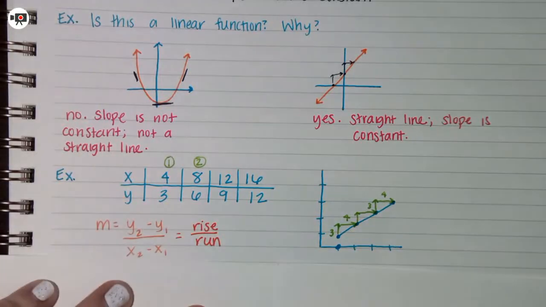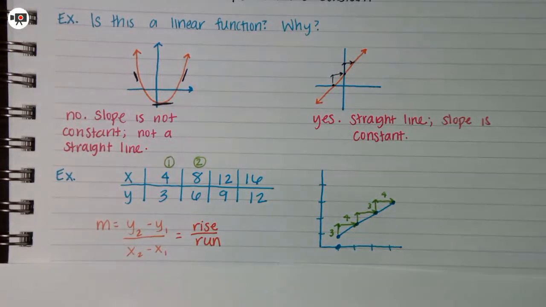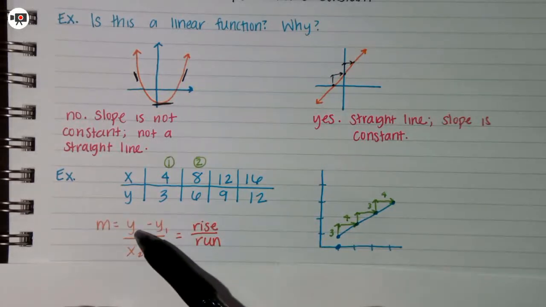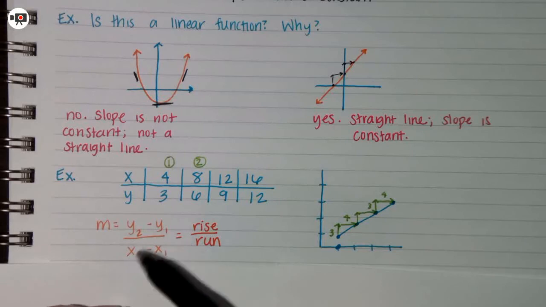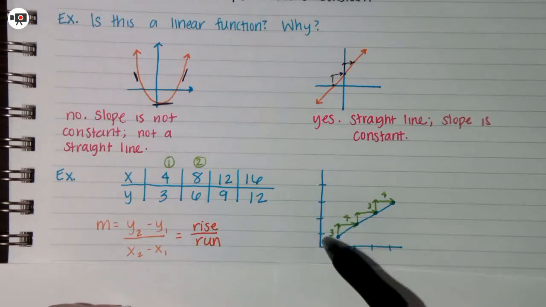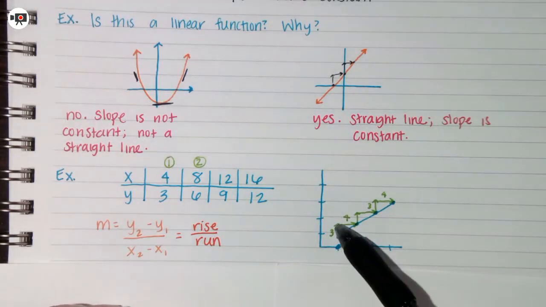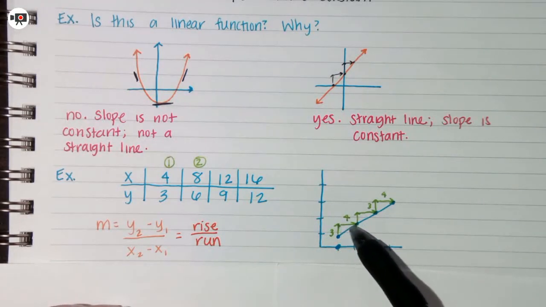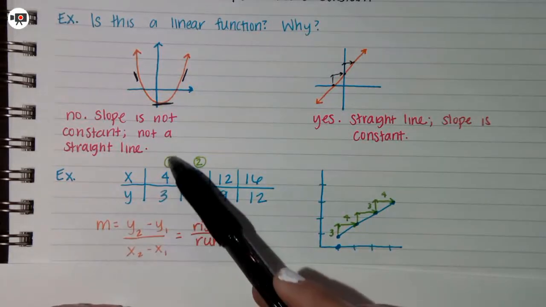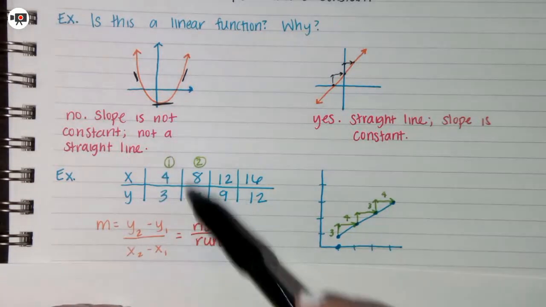So we can also do that by finding the value. So we have an equation, m equals y2 minus y1 over x2 minus x1. This is the rise over the run. How much the y is changing for how much the x is changing. So to fill in this, I'm going to call this point 1 and this point 2.